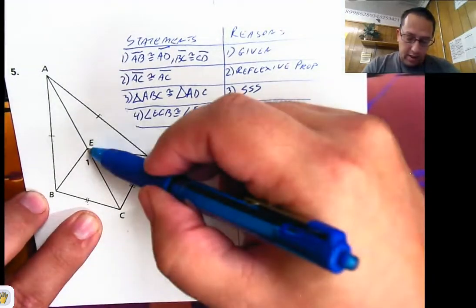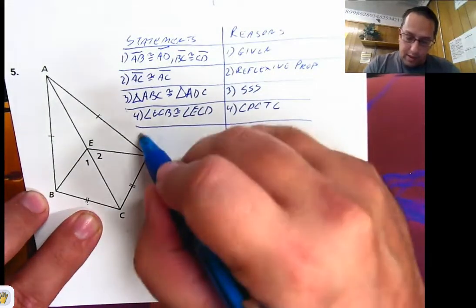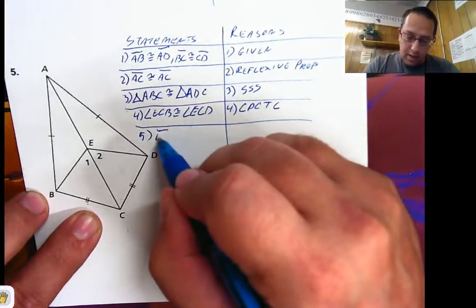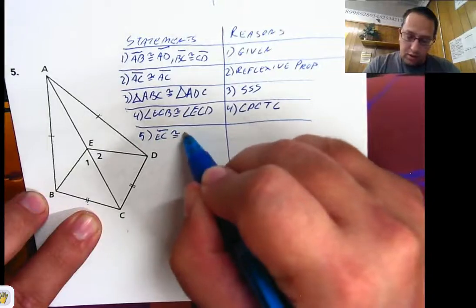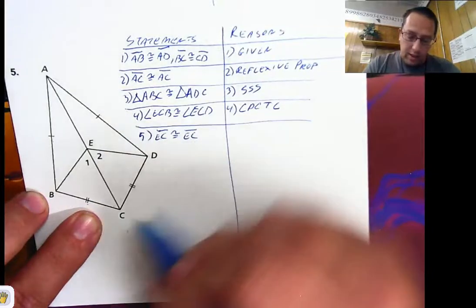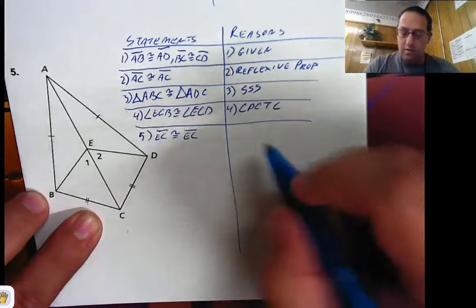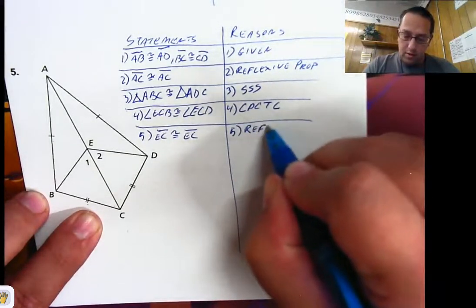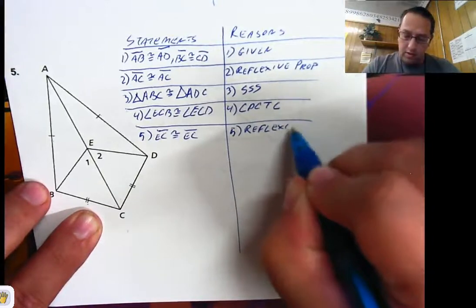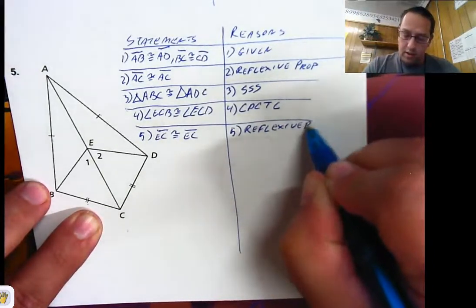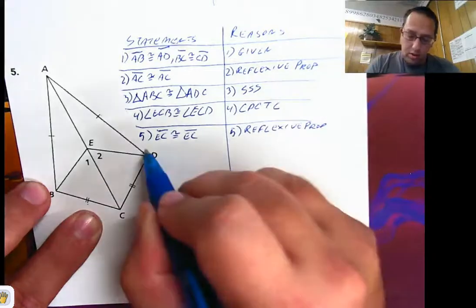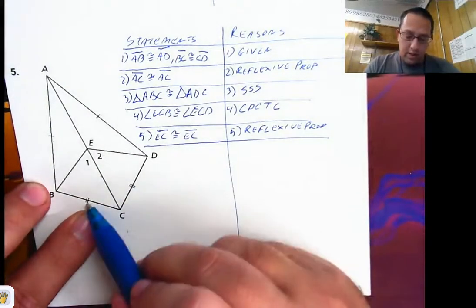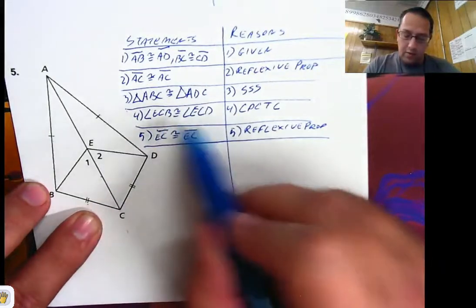So now I need to say that this side here, segment EC. So step 5, we have segment EC congruent to segment EC, because that's in both of these two triangles. Reflexive property. And so now I have one side, two sides, and the angle in between them.